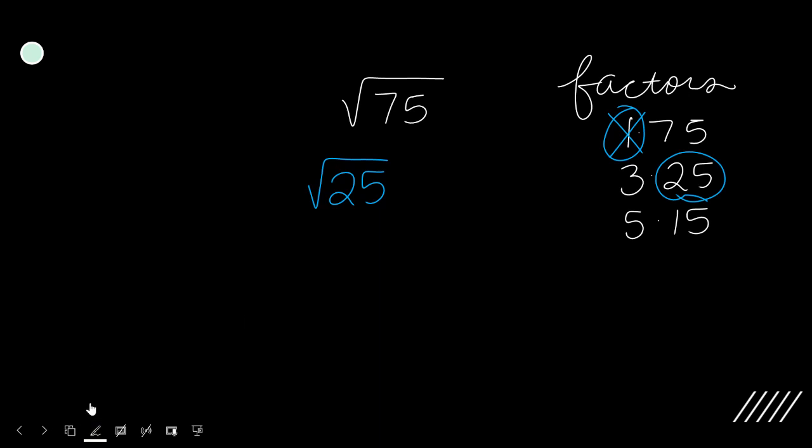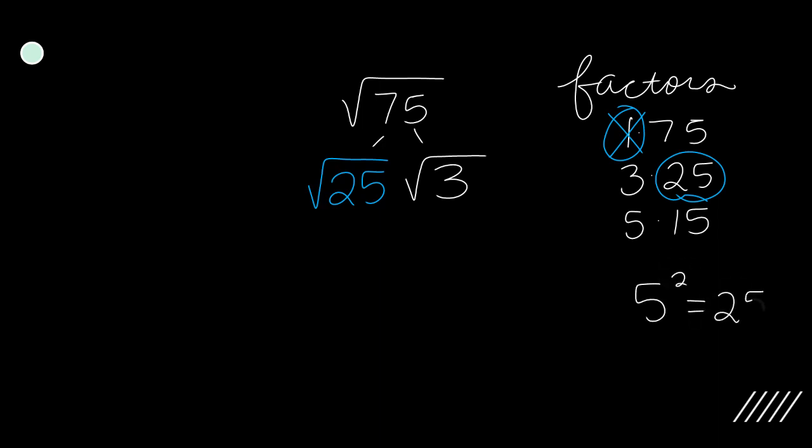And 25 times 3 is how we get 75. So we're still finding the square root of 75. I've just broken it down into two factors. And I want to do that because 25 is perfect. 5 squared equals 25. So the reverse means that if I take the square root of 25, it's just going to equal 5.